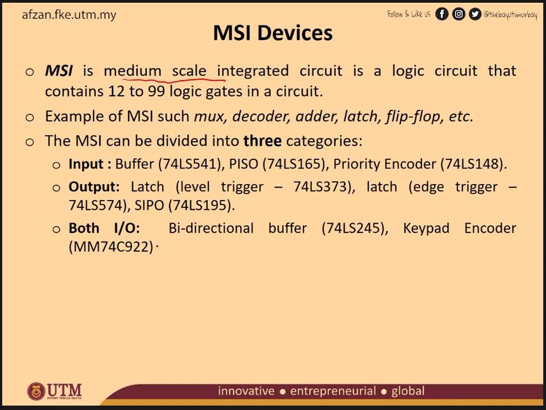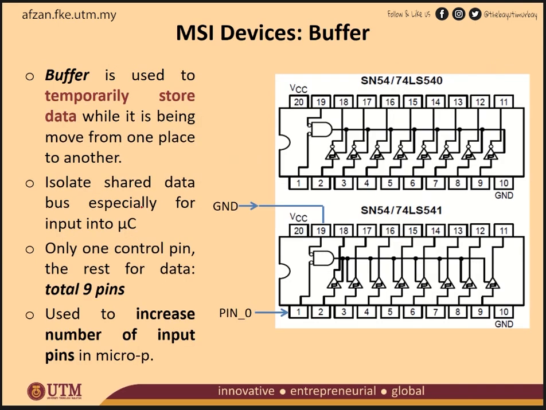Let's look at the first MSI devices. Here we are going to focus on the buffer and latch. So buffer, what is buffer? Buffer is used to temporarily store data while it's being moved from one place to another. You're going to send data from point A to point B, so you need to store that data temporarily.